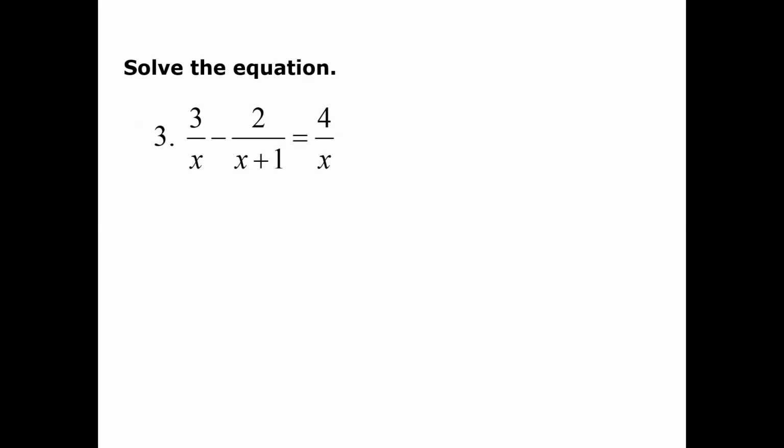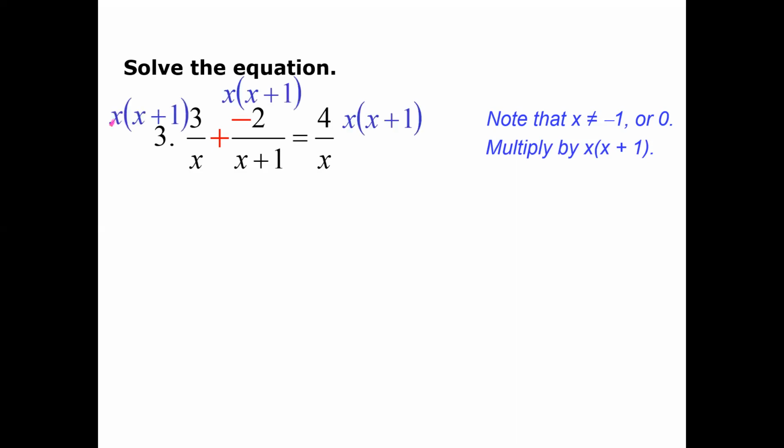Third example, 3 over x minus 2 all over x plus 1 equals 4 over x. So this time, take note, x should not be equal to negative 1 or 0. Again, why should it not be equal to negative 1 or 0? These are the values that will make the expression undefined. So the LCD is x times x plus 1, multiplying the rational equation by x times x plus 1.